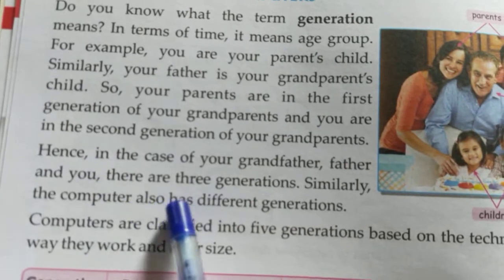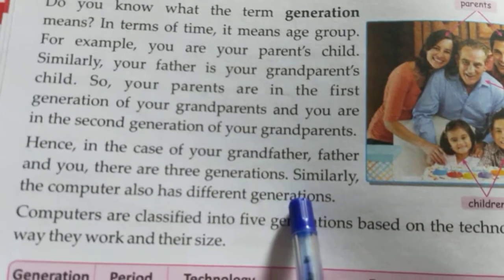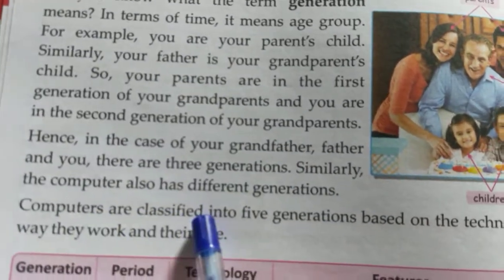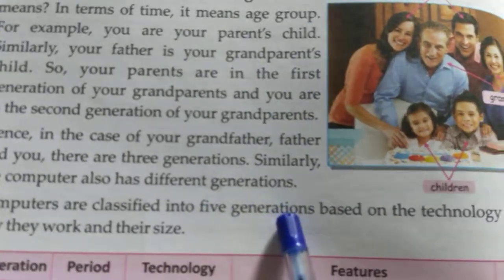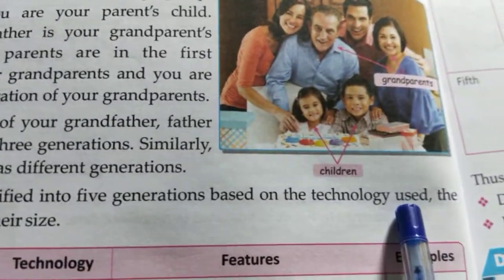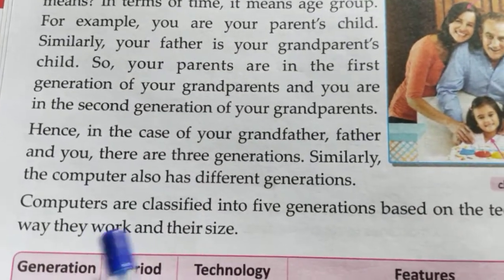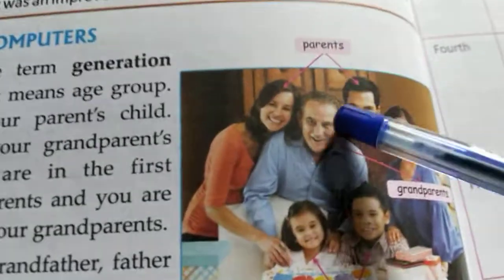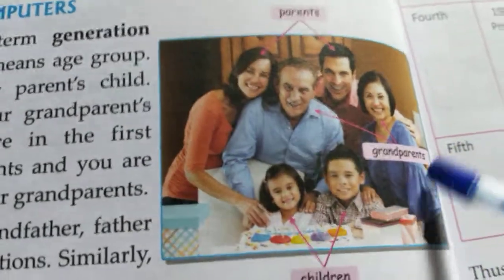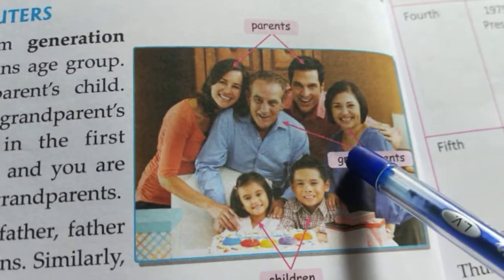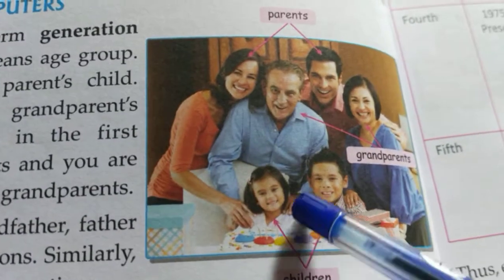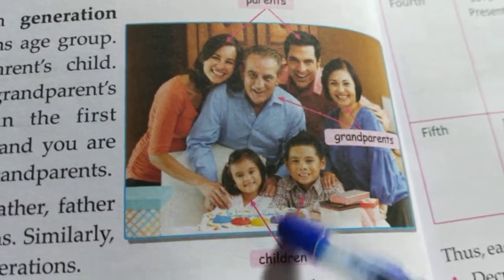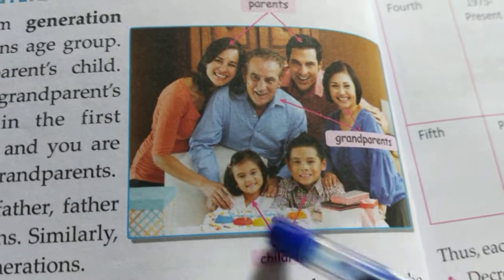Similarly, the computer also has different generations. Computers are classified into 5 generations based on the technology used, the way they work and their size. Here's a picture given over here: your grandfather, your parents, and yourself, the children.